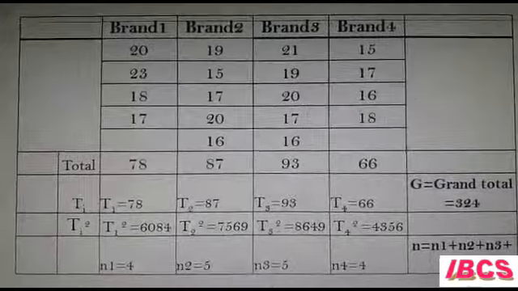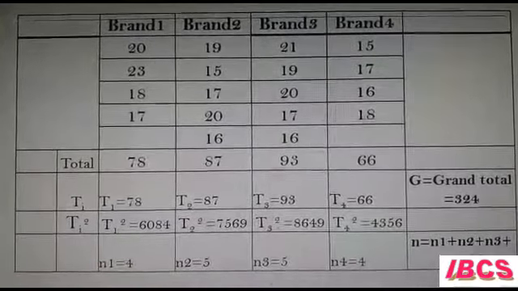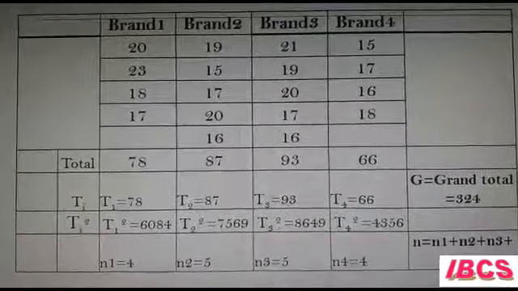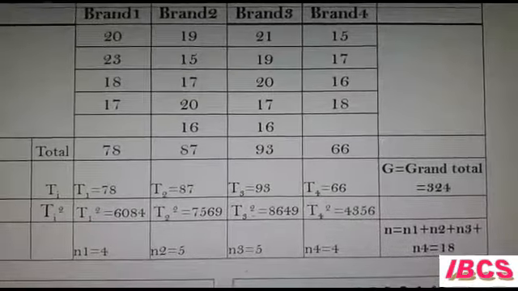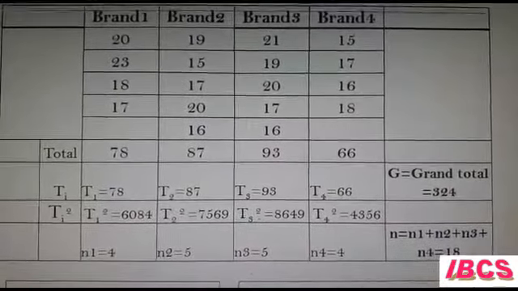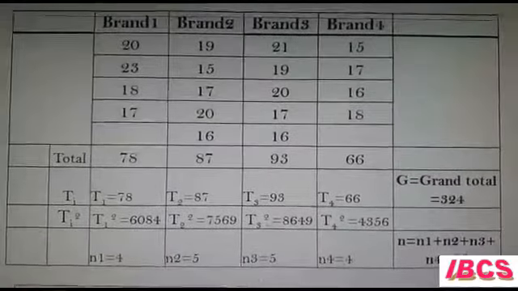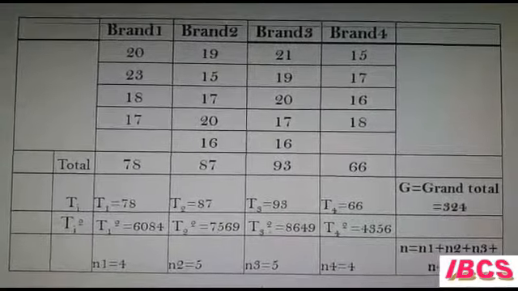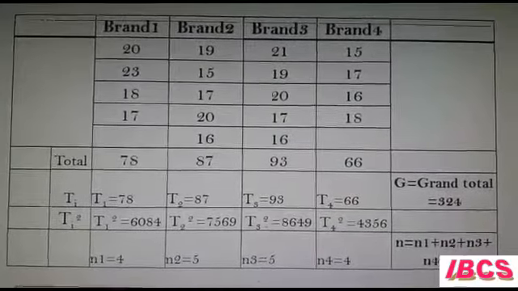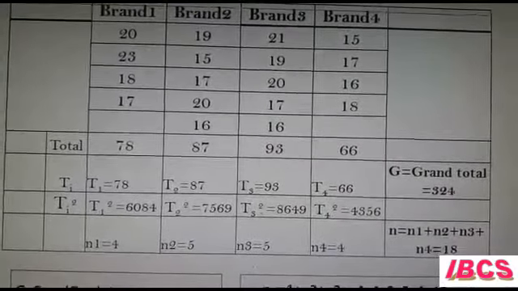So T1, T2, T3, T4. Then we get the grand total, T is equal to T1 plus T2 plus T3 plus T4. Then we go for the square of the totals: T1 square, T2 square, T3 square, T4 square.